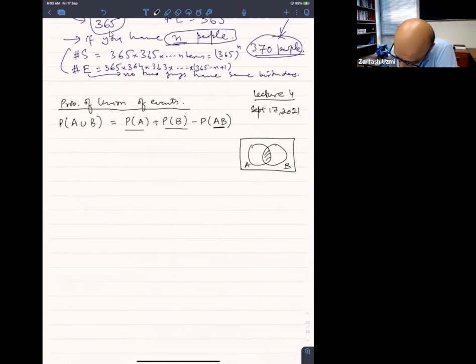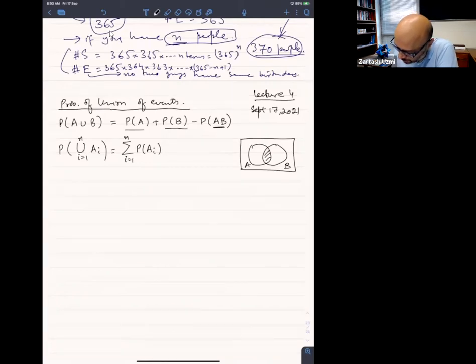Okay. And then we generalize this. We have the union for i going from 1 to n of A_i. This would be equal to the summation for i equal to 1 to n of probability of A_i, if all the A_i were mutually exclusive.